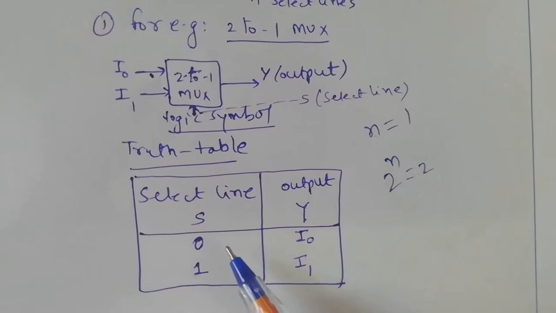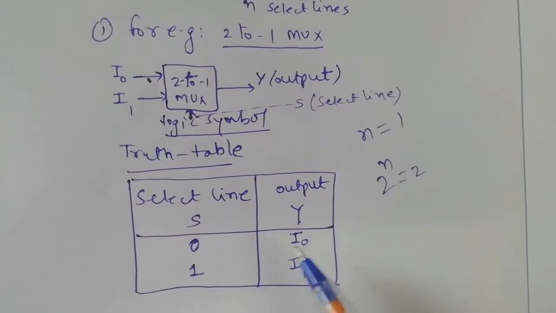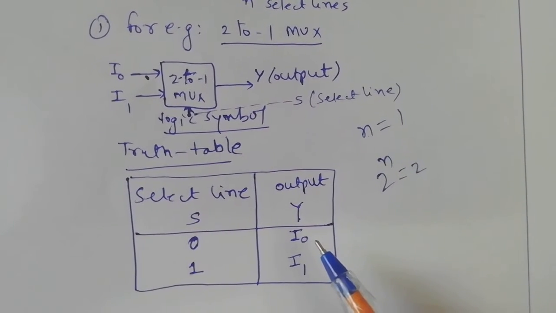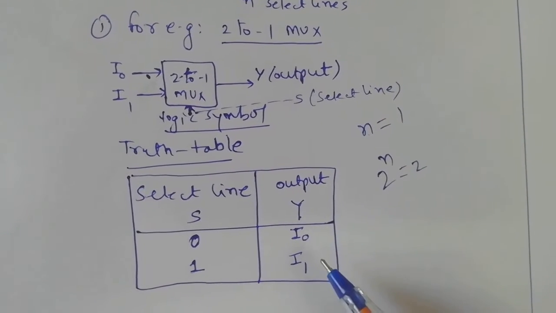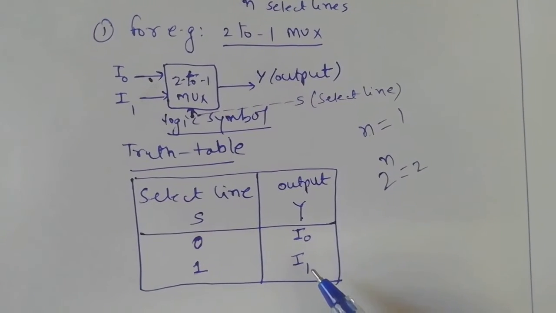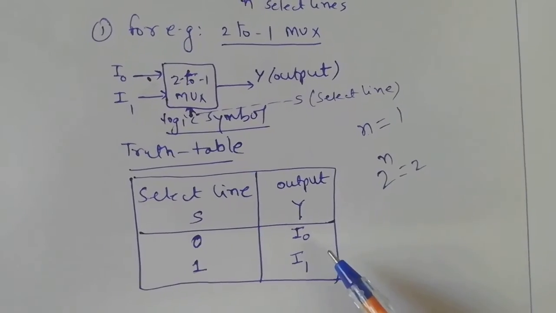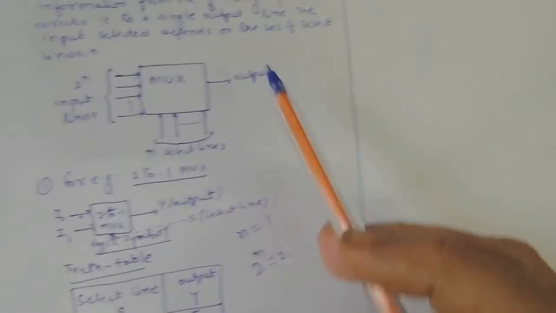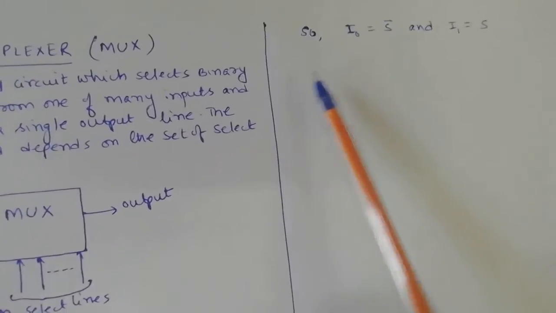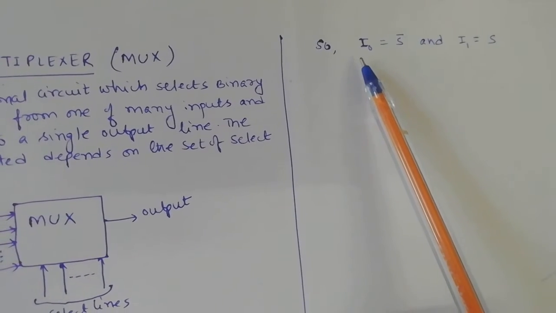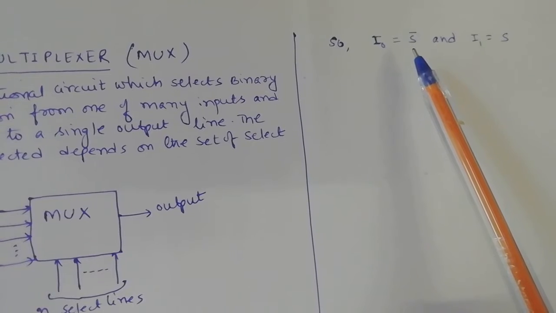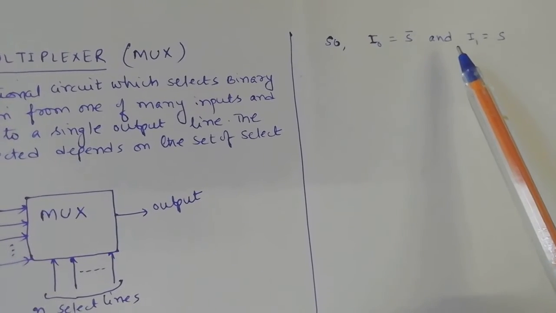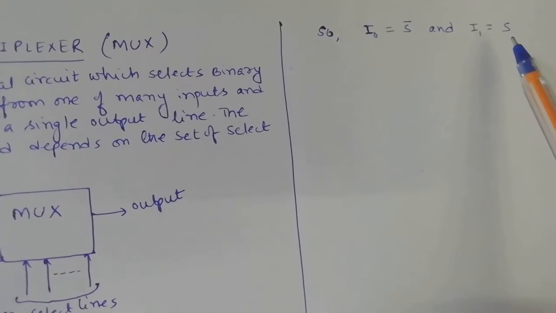When S is 0, the input I0 will be directed to the output line, and when S is equal to 1, the input I1 will be directed to the output line. So I0 will be directed when S is equal to 0, and I1 will be directed when S is equal to 1.